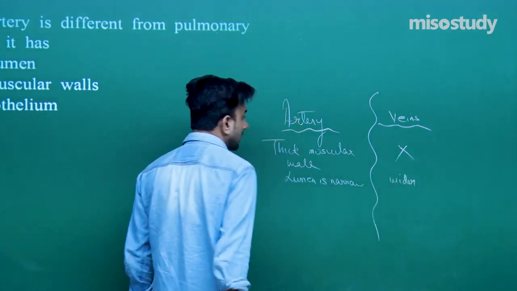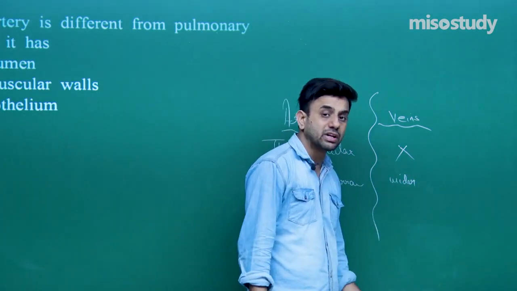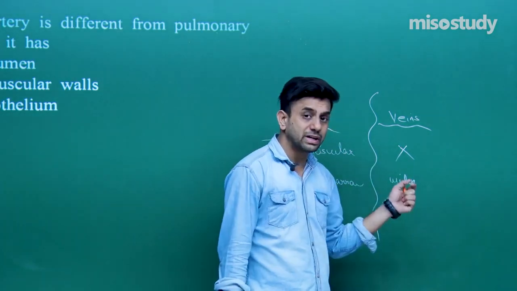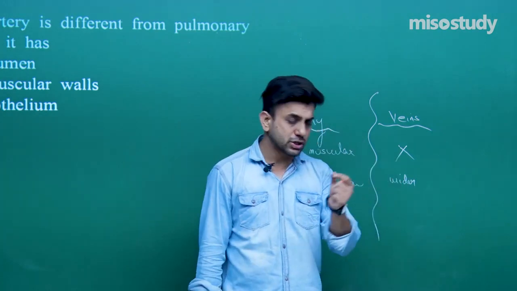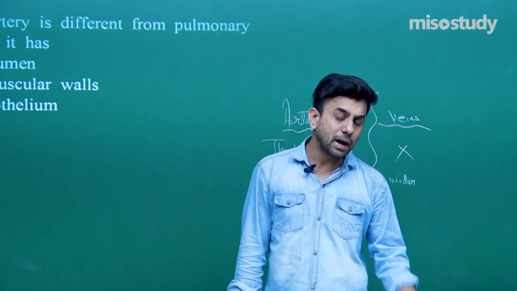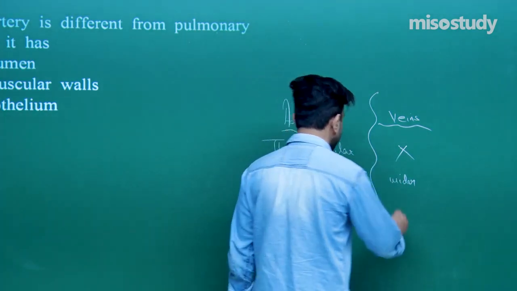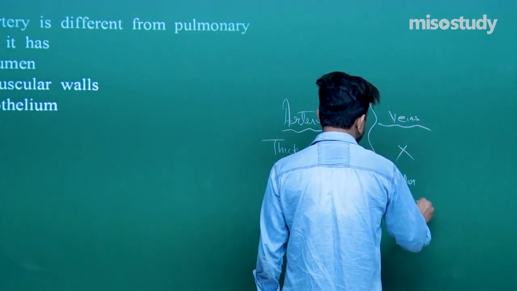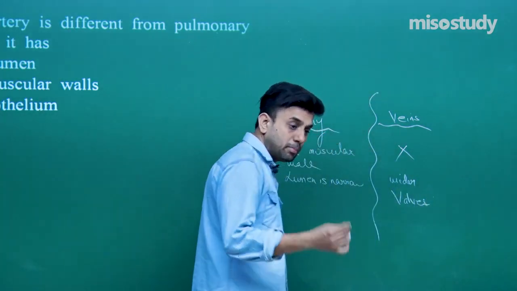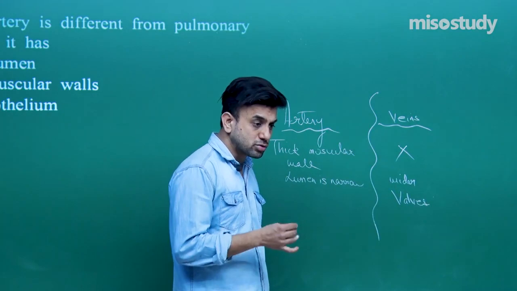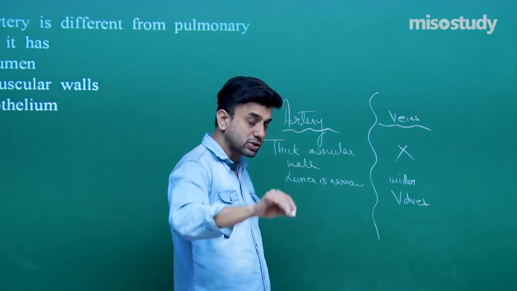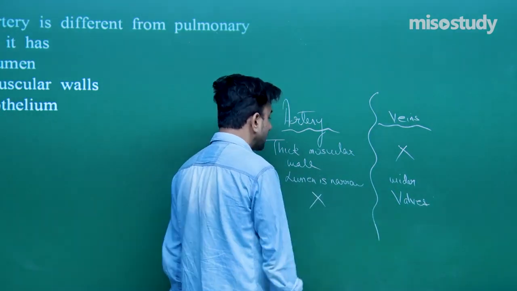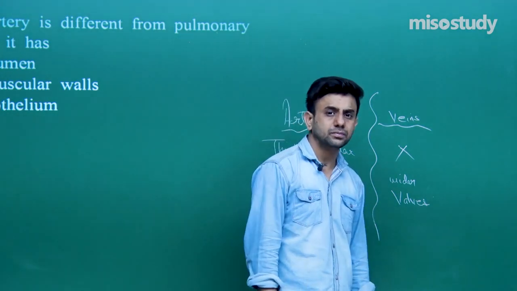Now, valves. In veins there is no pressure, so the blood tends to come back and hence there are valves in the veins, to prevent the backflow of blood, that is to promote the unidirectional flow of blood. However, in the arteries there are no valves.